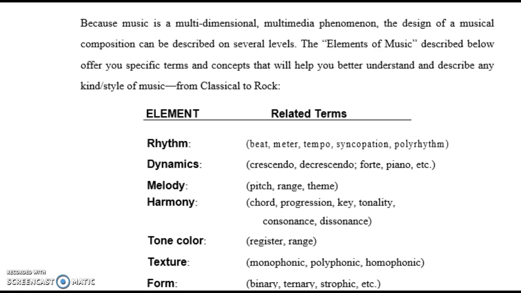I can talk about the form, or the texture, or the tone color, the harmony, the melody, the dynamics, and the rhythm. Now, the elements of music described below offer you specific terms and concepts that will help you to better understand and describe any kind or style of music, from the classical era to music of today.